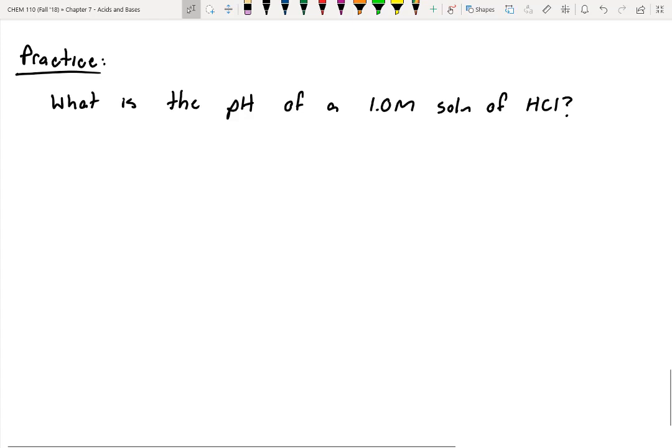The key thing is starting out with the correct equation. So we need the equation where we're isolating pH. So if we think about the only one that was offered, we said that pH is going to be negative log of the concentration of H+. In this case, the concentration of HCl is going to be the same as the concentration of H+, because it's a strong acid.